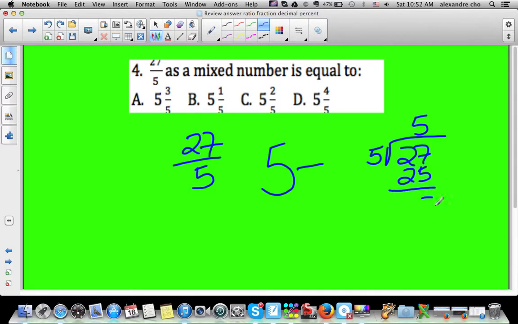If you subtract, you get a 2 left over. That 2, the remainder, becomes our numerator, and our denominator stays the same. If you want to check, you multiply and you add on top. 5 times 5 is 25, plus 2 is 27, which is our number over here, and our denominator remains the same.